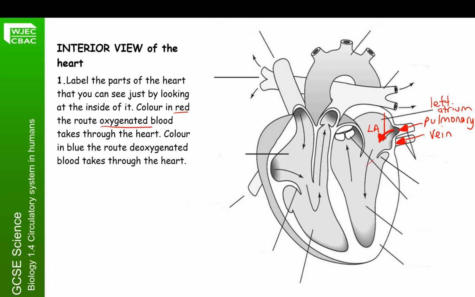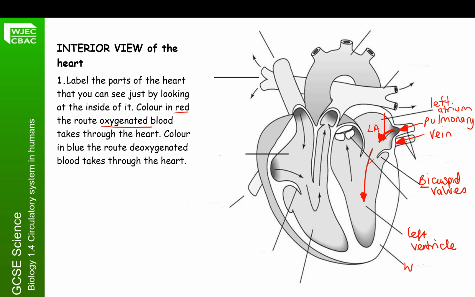It goes through a set of valves here, and these valves are called the bicuspid valves. The reason they're called bicuspid is they've got two attachments. So bi means two. The blood goes through the valves when they open into the lower chamber, and we call this lower chamber the left ventricle.